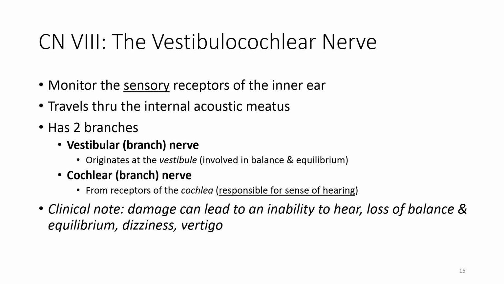You might have vertigo after that because you're going to lose the ability to receive information about your location and your head's location in space if that vestibular branch is broken, or if that common nerve, the whole vestibulocochlear nerve, is damaged.